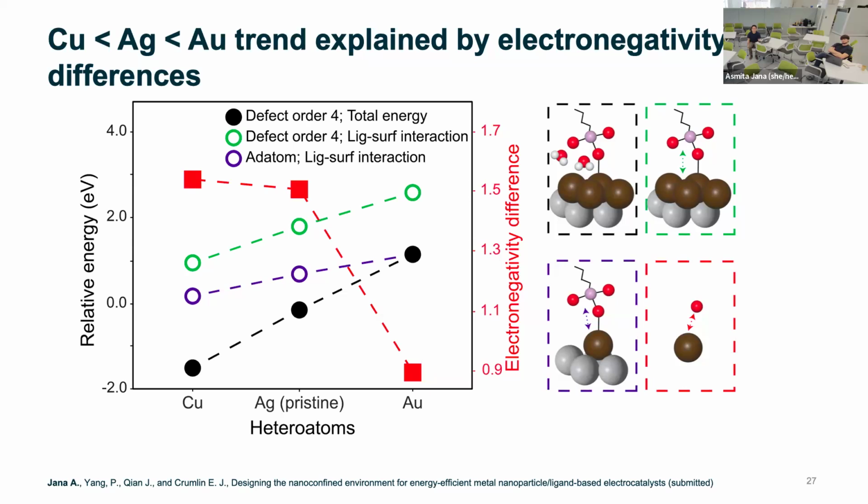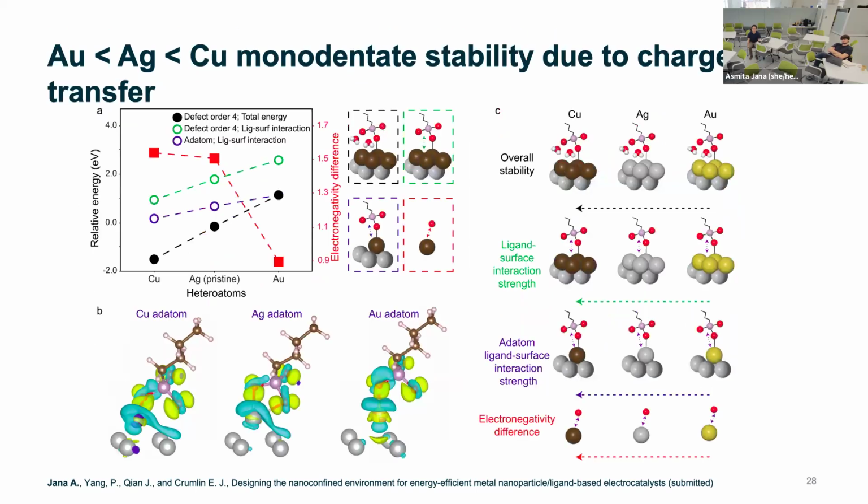So clearly some of these are correlated, and the missing piece in this puzzle is the electron transfer. It's very clear immediately as soon as you get the charge transfer. What we get so far is that the highest charge transfer happens in copper and the lowest happens in gold.